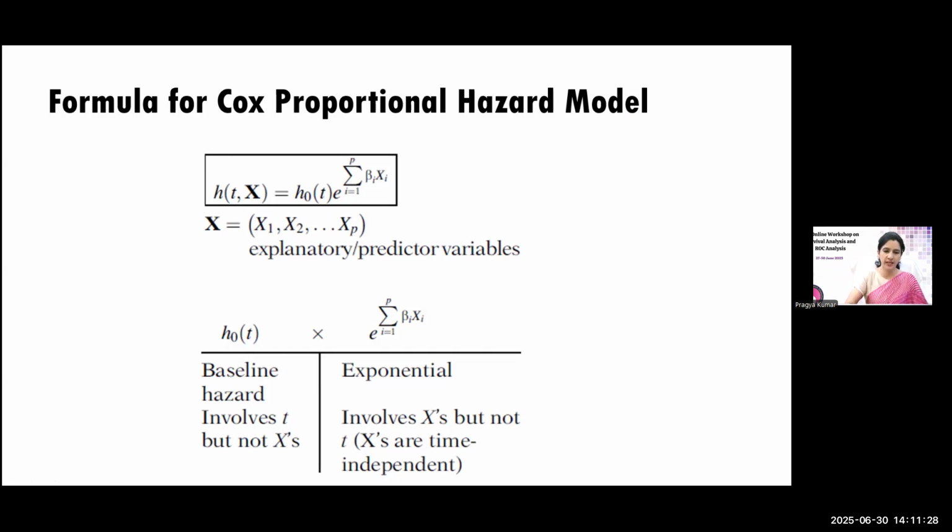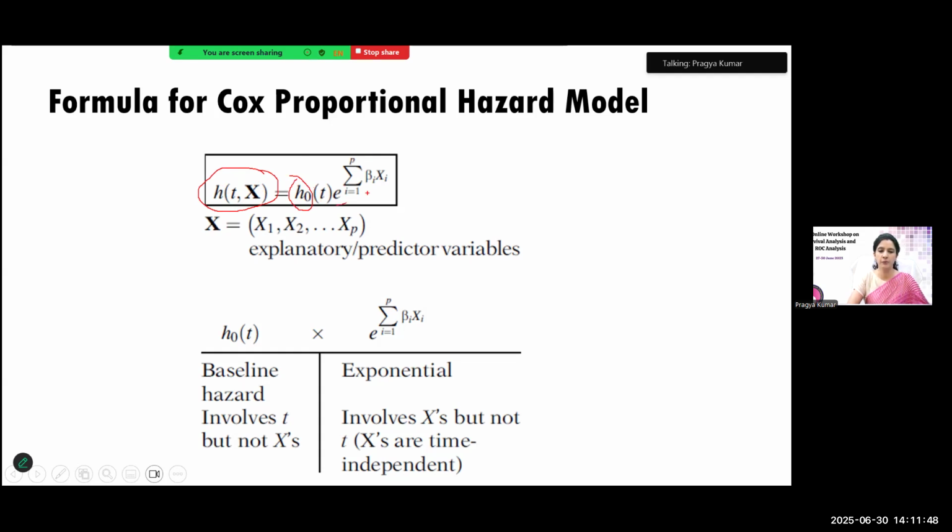This is the same formula which we have learned earlier in the beginning. h(t,X) is the hazard function at time t, and h0 is the baseline hazard, multiplied by the exponent of beta 1 x1 plus beta 2 x2 plus beta 3 x3, where x1, x2, x3 are the explanatory variables.